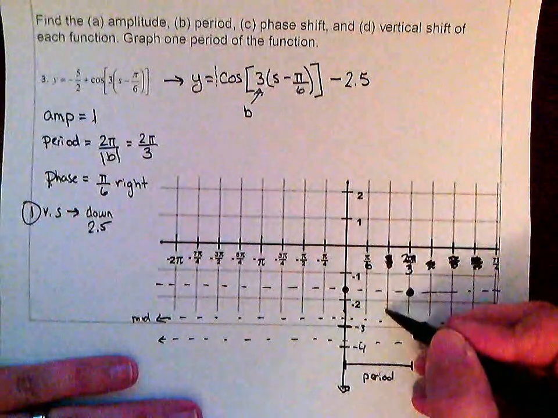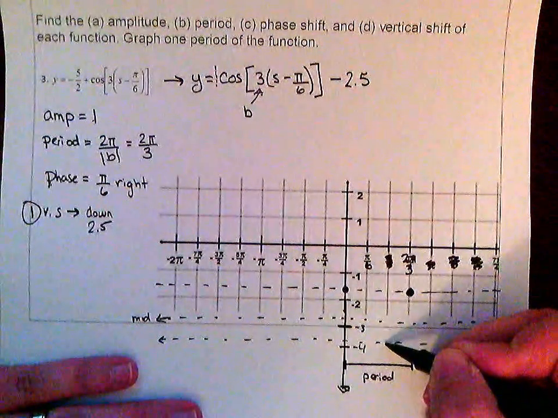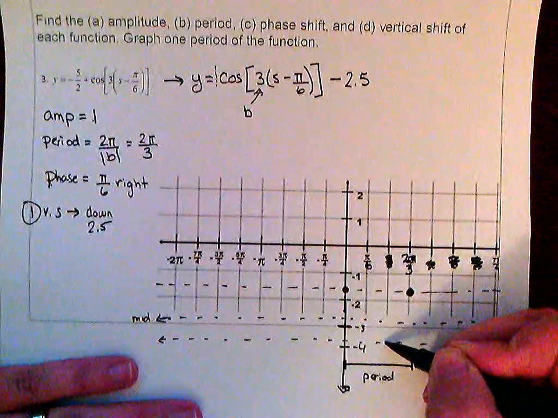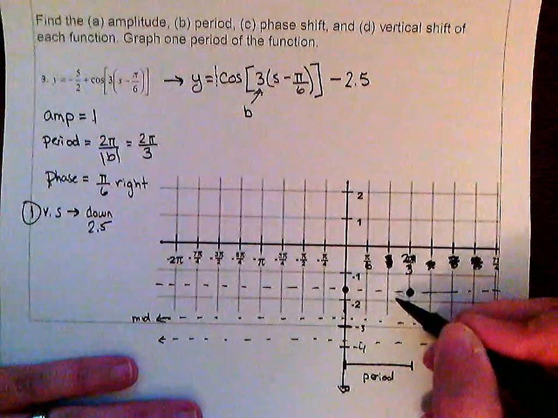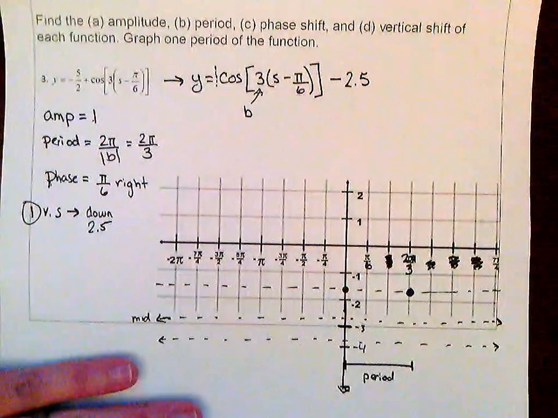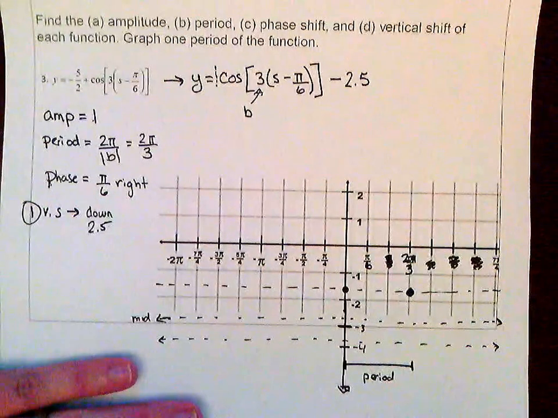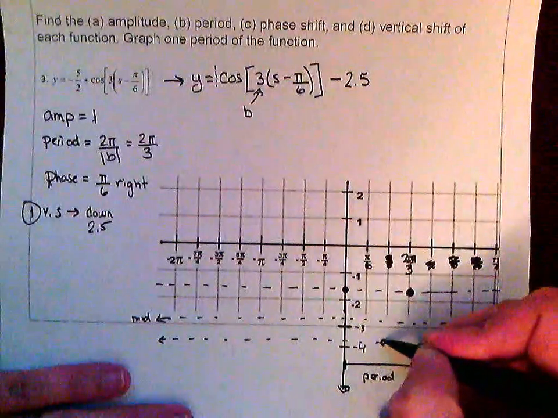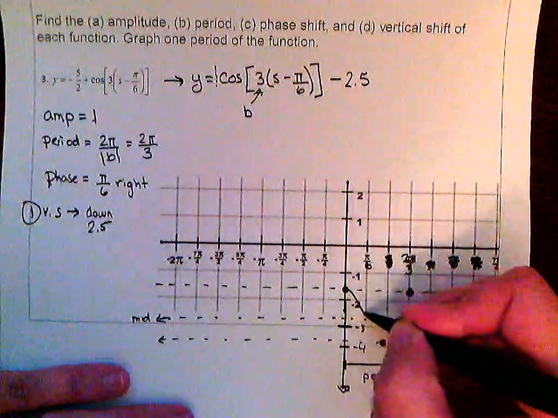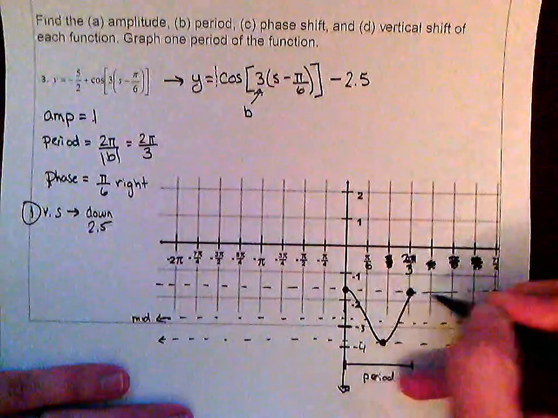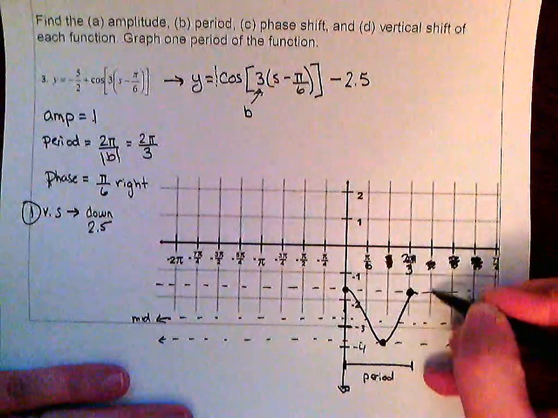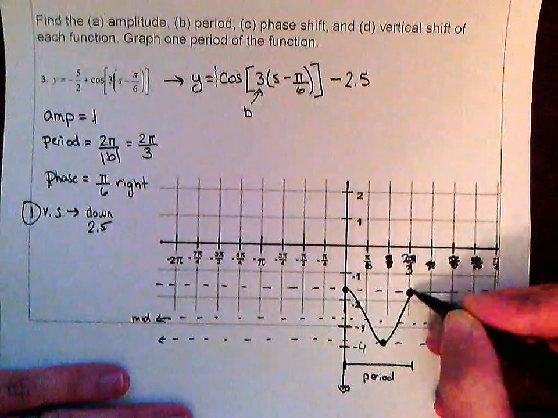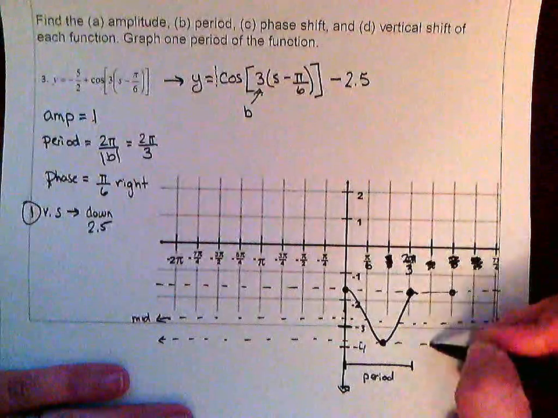And then in the middle, we are going to have our middle, basically, our trough. So this is one period. Okay, and I can keep going and graph this completely.